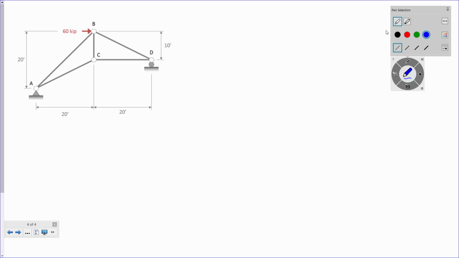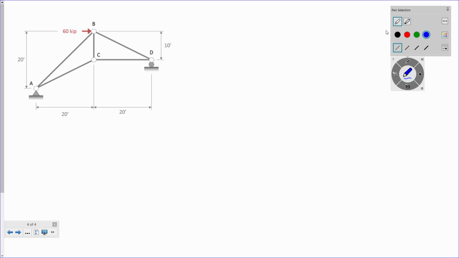Okay, so let's see if you all remember how this unit load method works. Now I'm going to change the problem up a little bit for the purposes of the explanation. Let's say that I wanted to determine the vertical deflection at C. If I wanted to determine the vertical deflection at C, I would have to do 2 separate analyses.